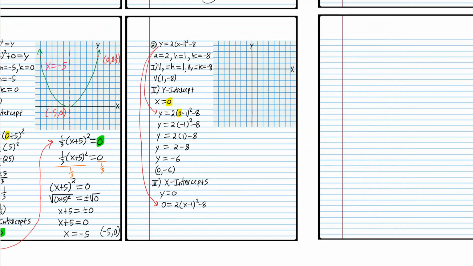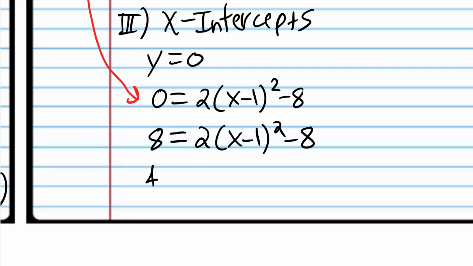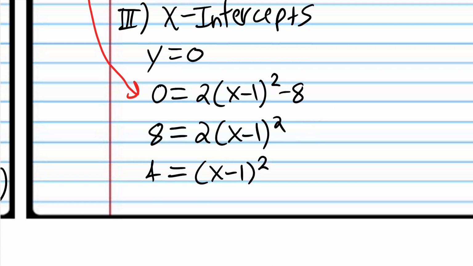Okay, so again, we let y equal 0, and now we have to solve. This is an equation with a square. We have to isolate this square, you see. It's not isolated because the 2 and the -8 are next to it. So we're going to add 8 to both sides. We're going to divide both sides by 2. Wait a second, I'm sorry, that 8 shouldn't be there.